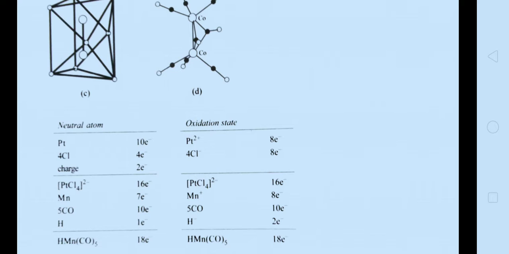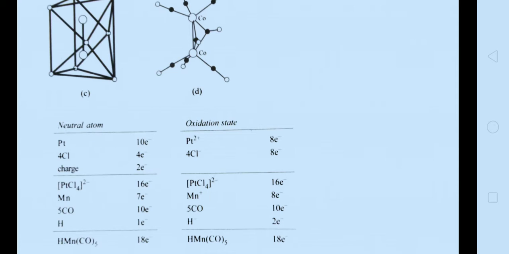And in the case of HMn(CO)5, manganese has 7 electrons, the 5 carbonyl groups supply 10 electrons, and the hydrogen atom supplies 1 electron, totaling 18 electrons. In its oxidation state, Mn is oxidized to Mn plus.